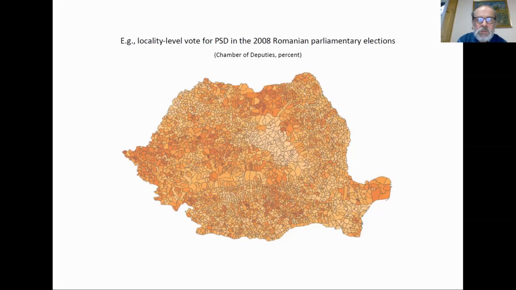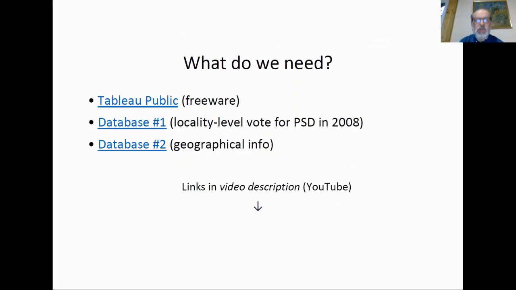Now, what do we need to get that map? Well, we need three things. We need Tableau Public. Surprise, surprise. Tableau Public is a freeware.